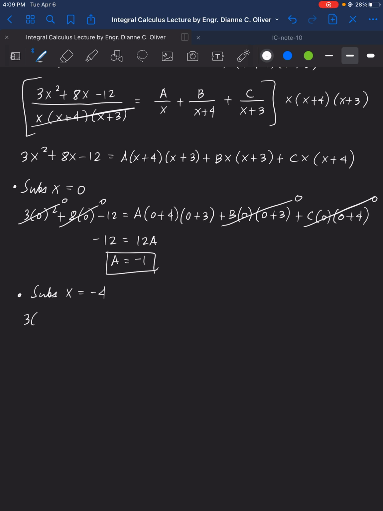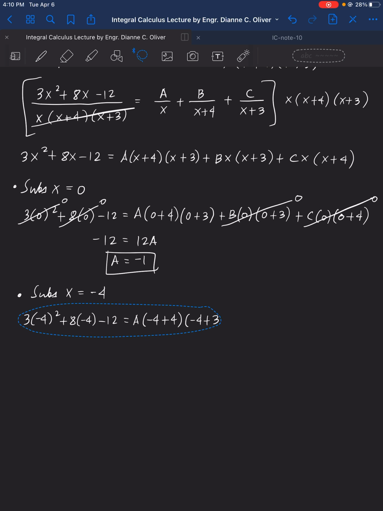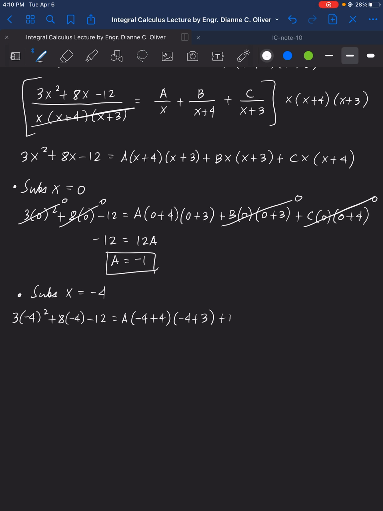So 3 times negative 4 squared plus 8 times negative 4 minus 12 is equal to a times negative 4 plus 4, negative 4 plus 3, plus b times negative 4, negative 4 plus 3, plus c, negative 4, negative 4 plus 4.